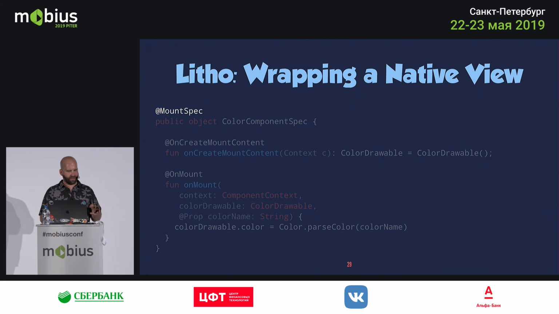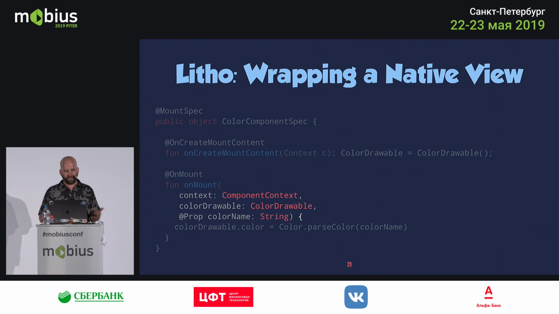There are typically at least two functions you implement. The first is OnCreateMountContent, which inflates your view or drawable and returns it. Then OnMount receives, again, a ComponentContext and the view or drawable you created in the mount content method.